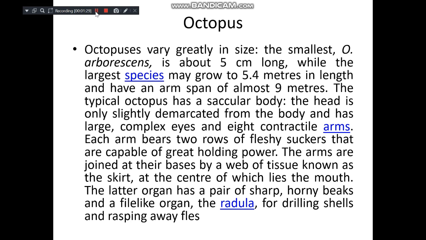The mouth has a pair of sharp, horny, beak-like and file-like organs, known as the radula. The radula is used for drilling shells and rasping away the flesh.